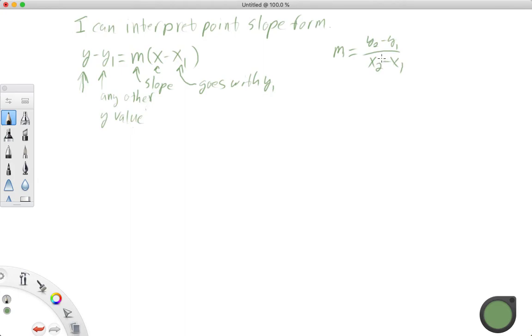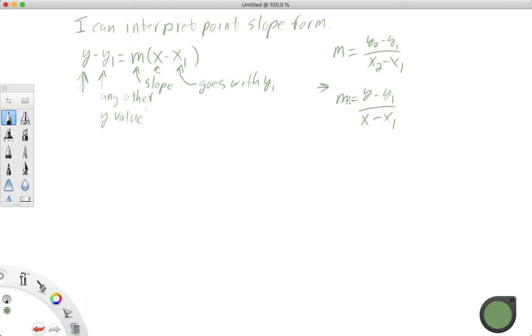And if we decide that instead of using our y2 and x2, let's instead write this as m equals y minus y1 over x minus x1. And this is the same thing, we're just not putting that little 2 down there, but really it's just another point on the graph.